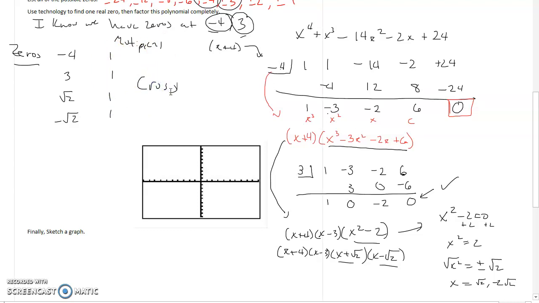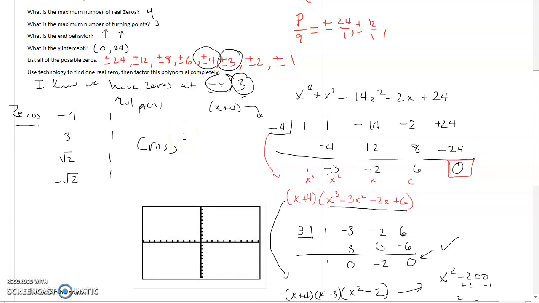So going back up, we're going to put our pieces together. We know that this has an end behavior that's opening upwards. We know it has a y-intercept of 24 that's somewhere up here. We know that this has the zeros at negative 4. Let me use a different color.